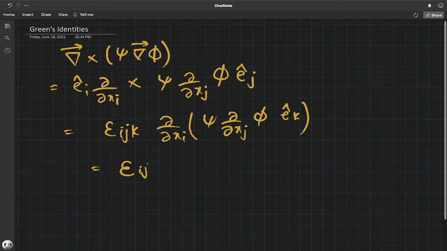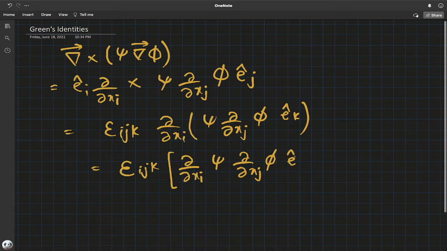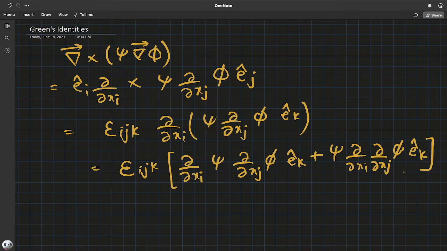So we get epsilon ijk. Do the product rule again. Partial xi psi partial xj phi ek, plus psi partial xi partial xj phi ek.